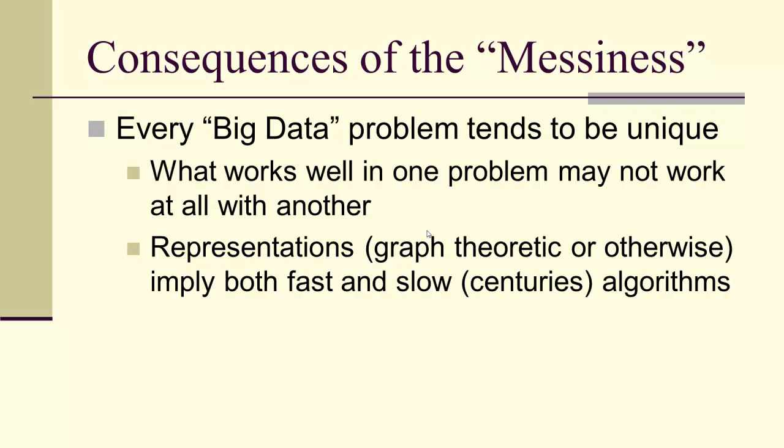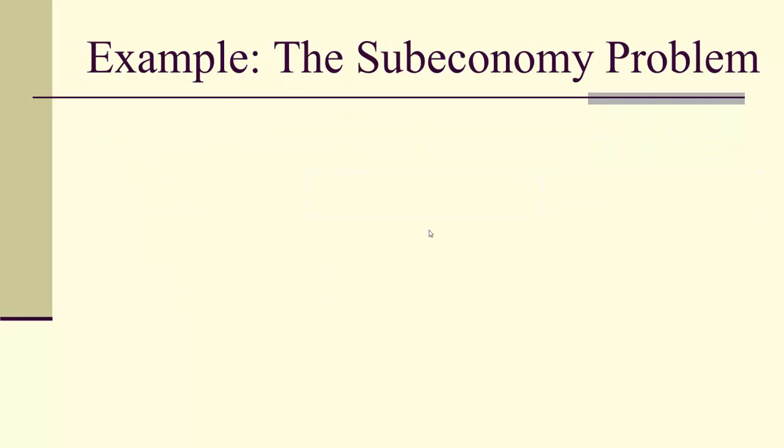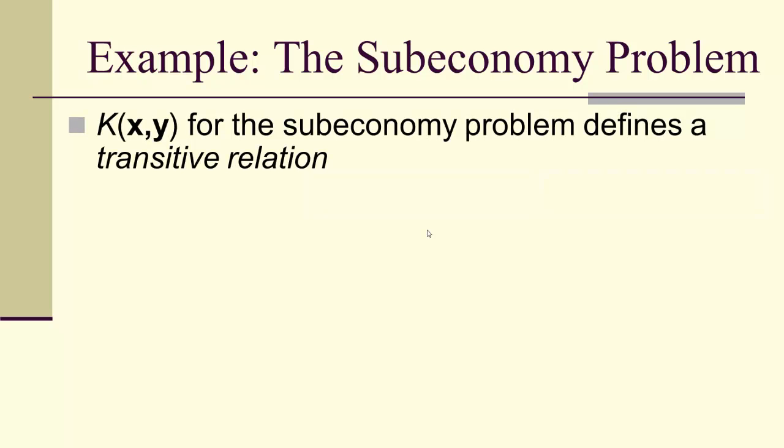And representations, graph theoretic or otherwise, you could get either fast or slow, i.e. centuries to run algorithms. So let's look at the subeconomy problem a different way. It turns out that our criteria function defines a transitive relation.